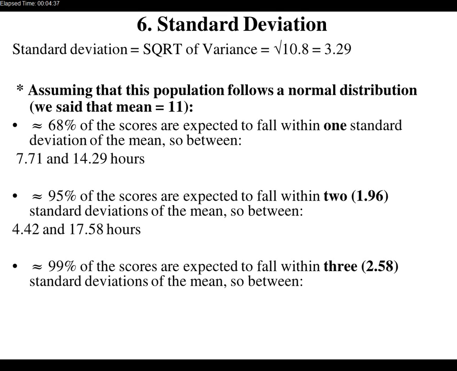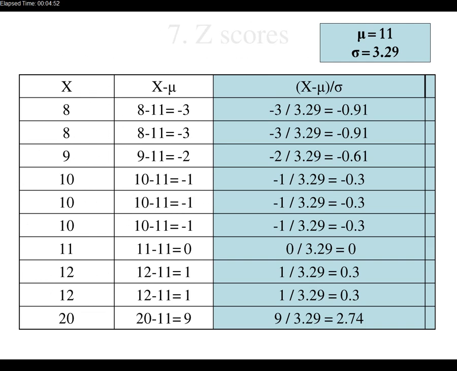And this is 3 standard deviations out now: 99% of all the scores are expected to fall within 3 standard deviations of the mean, so between 1.13 and 20.87 hours.